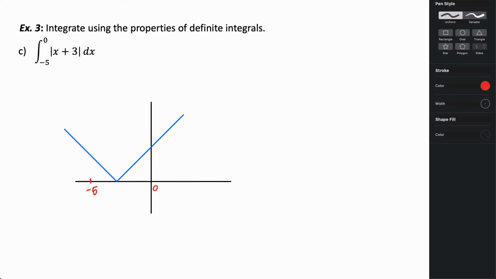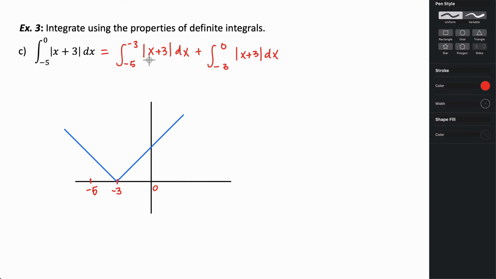So basically, from the properties, this is going to be the same as the integral from negative 5 up to negative 3 of our function, the absolute value of x plus 3 with respect to x, plus the integral from negative 3 to 0 of the absolute value of x plus 3 with respect to x.